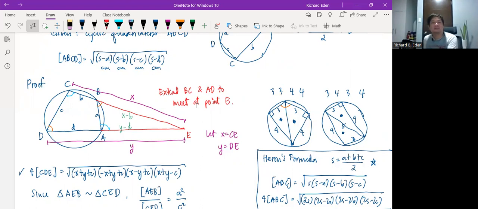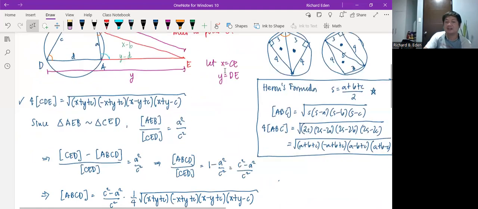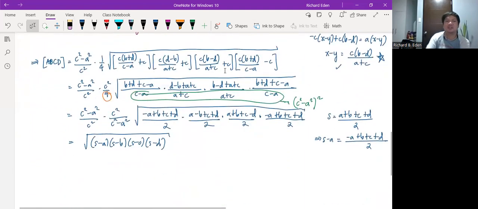If they were, it would be a parallelogram, and if it is cyclic, the only possibility is a rectangle. So if they were parallel, it must be a rectangle. And if it was a rectangle, it will be rather easy to prove. But the point is, we assumed.